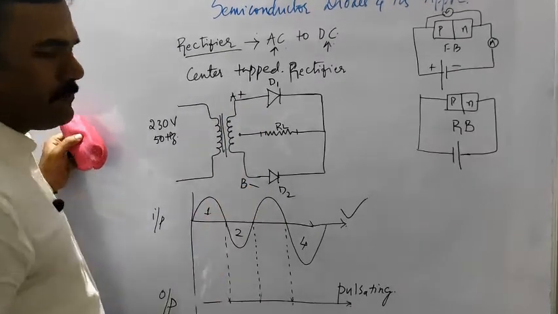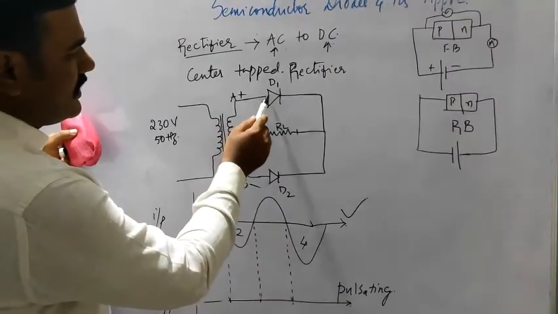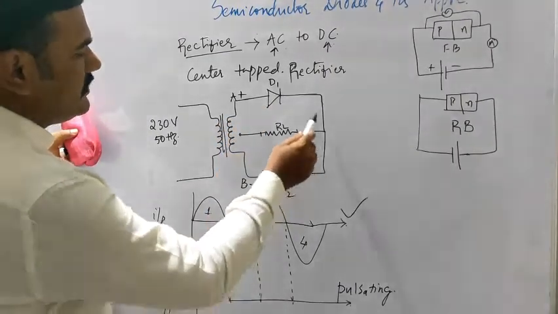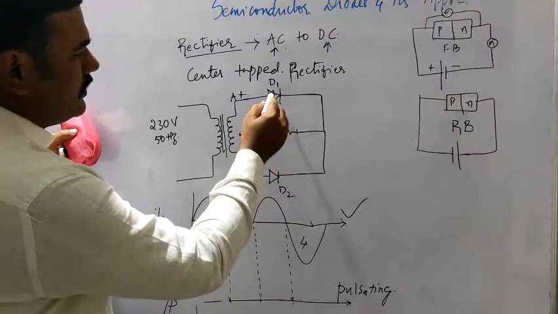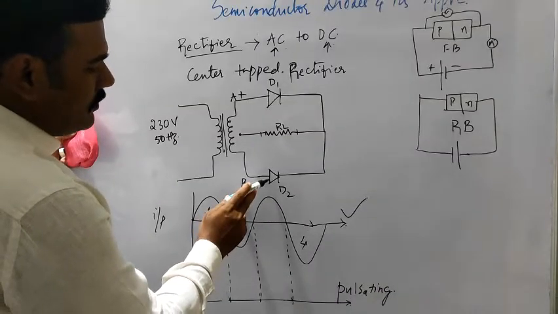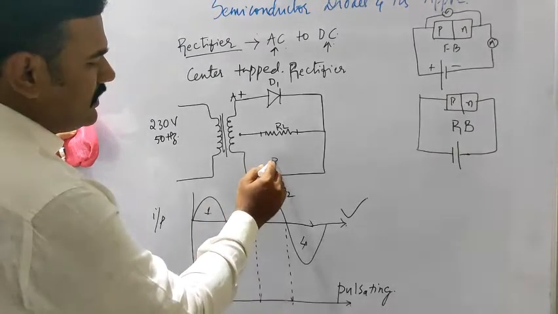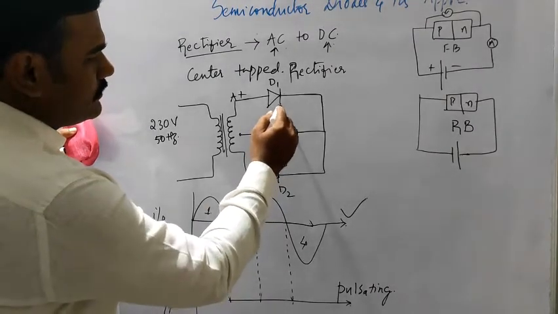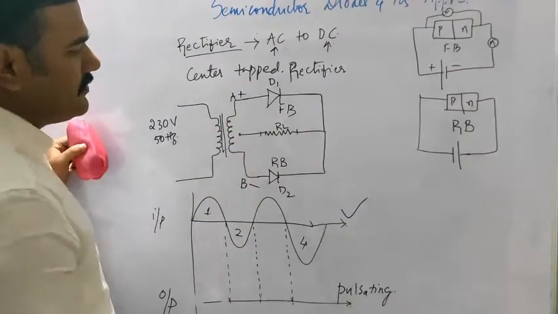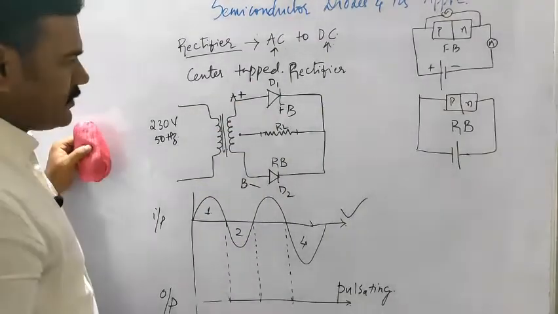When this happens, positive is connected to positive and negative is connected to negative, so D1 becomes forward biased, but negative is connected to positive here, so D2 is reverse biased. So diode D1 is forward biased and D2 is reverse biased.